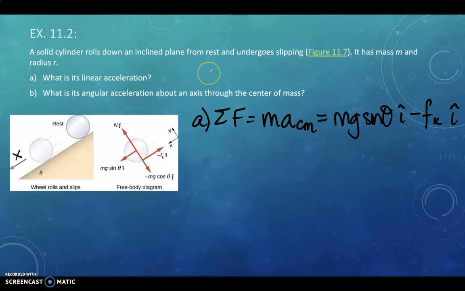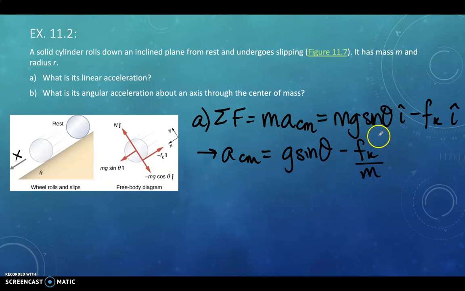Since we don't have any values, we can solve in terms of the other variables. So the linear acceleration is g sine theta minus f sub k over m, in the i hat direction. That should be your linear acceleration.